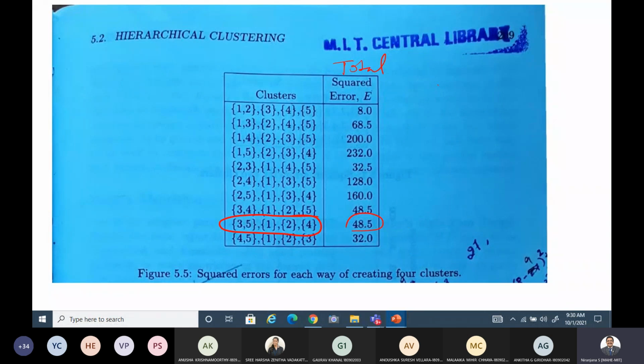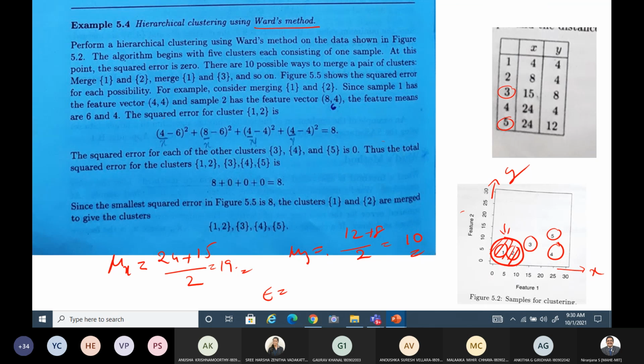If anyone has any confusion, you can ask. Are you getting 48.5? Anyone try it?